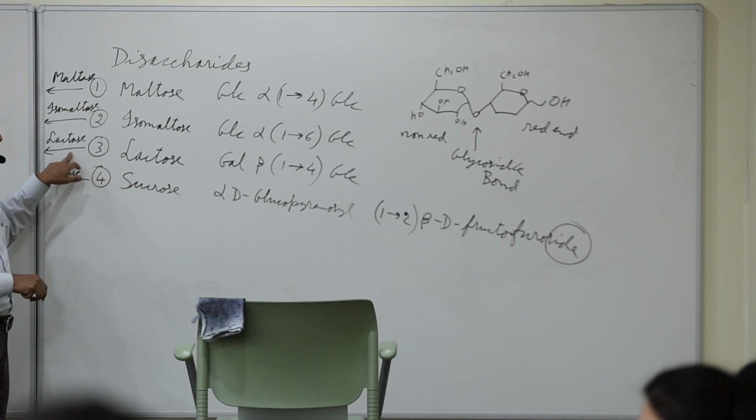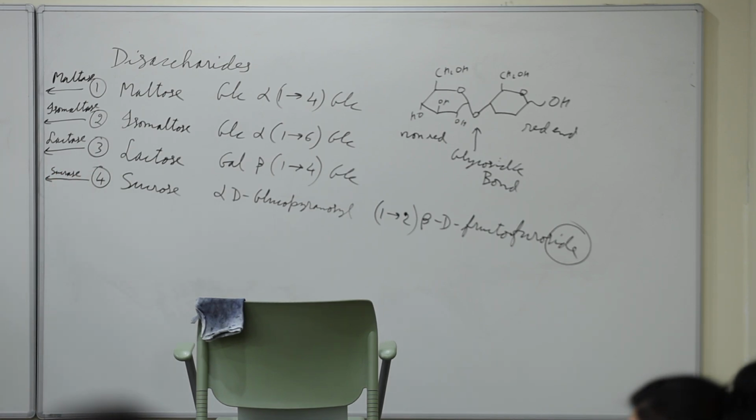So the problem with lactose intolerance is that anything that doesn't get digested goes into the small intestine. There also it doesn't get digested. It goes into the large intestine, and there are bacteria that will digest it.